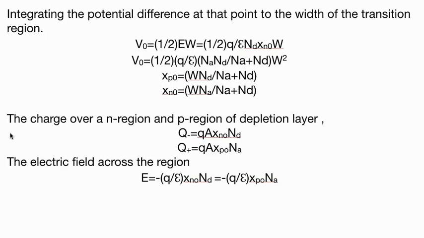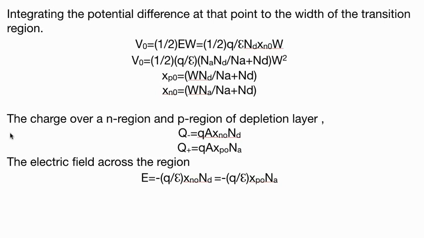Xp naught and Xn naught are the total length on the P side and the total length on the N side of the depletion region, which combine to form the width.